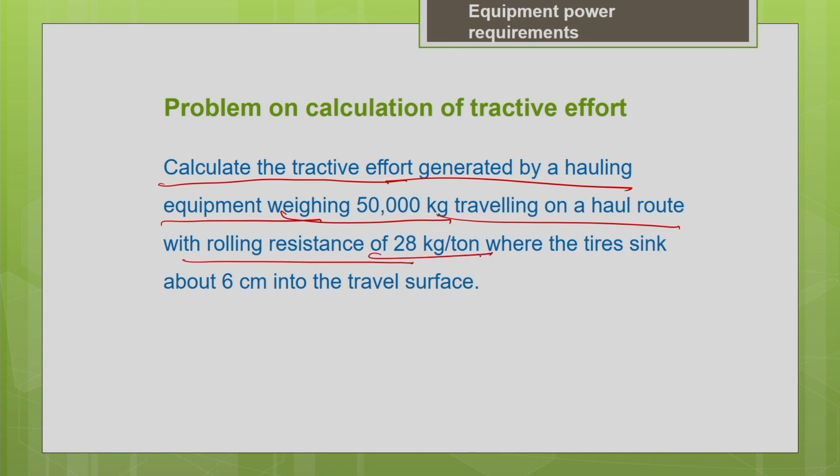It is given as 28 kg per ton. And another important thing to be noted is your tire is sinking about 6 centimeter into the travel surface. That means you have to take into account the penetration resistance also. Now, we are going to find what is the total tractive effort needed to overcome the resistances in the underfoot conditions in your project site.